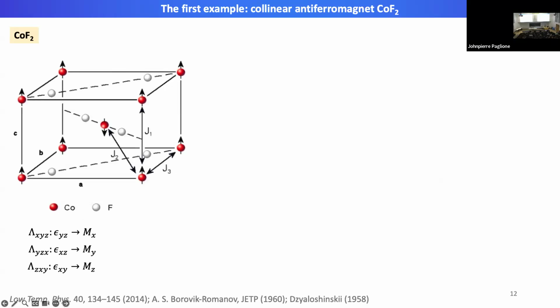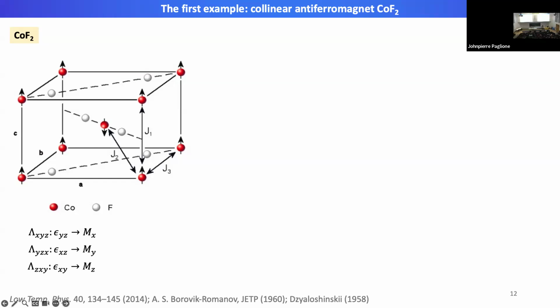So let's start with cobalt fluoride, which was the first material system that's discussed for the piezomagnetic effect. It was theoretically discussed by Dzyaloshinskii in the 1950s, and it was experimentally verified very soon after that. On the left of the slide, you can see the crystal structure together with the magnetic order.